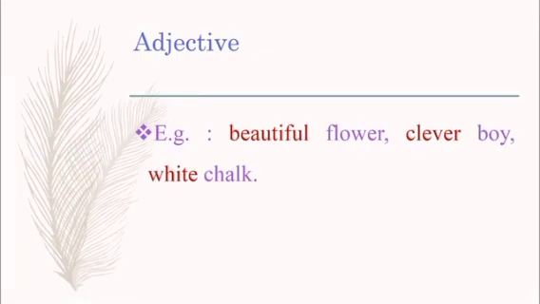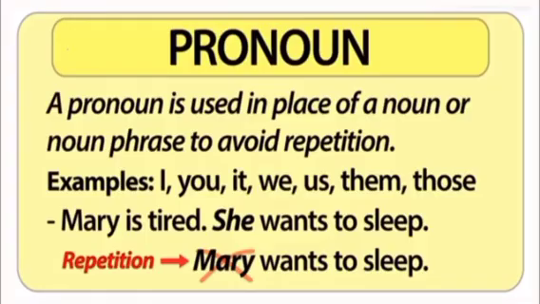Here, the words beautiful, clever, and white are used to qualify or add something to the nouns flower, boy, and chalk.